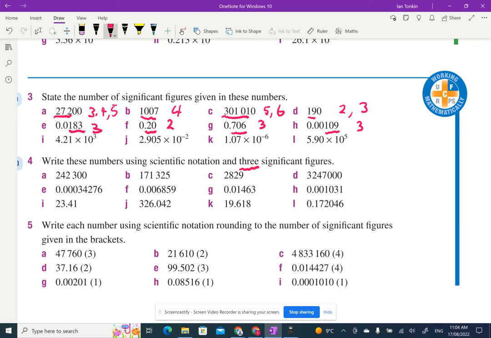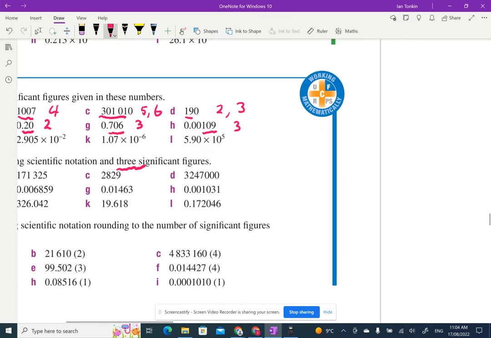Now, how do we write a number in significant figures? So we're going to go here, and we're going to just do these ones here. If I'm going to write these to 3 significant figures, that means I can only have 3 numbers. So I'm going to write 3, 2, and now I have to decide. Oh, sorry, I've drawn that in the wrong spot.